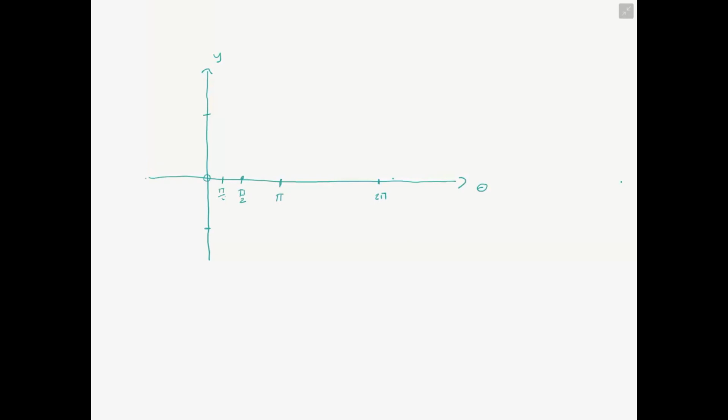At pi on 4, it's at square root of 2 on 2. And then this is minus 1 over here.